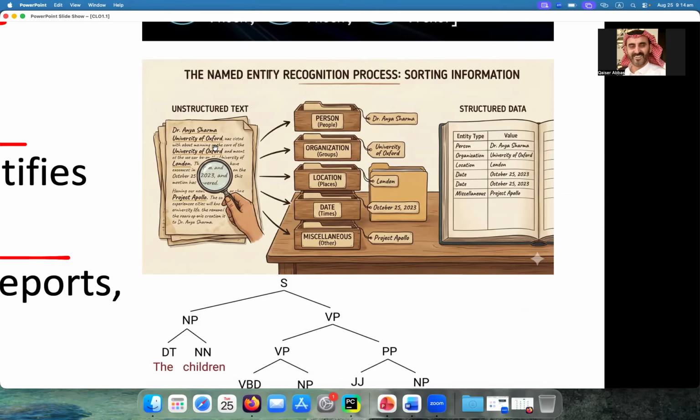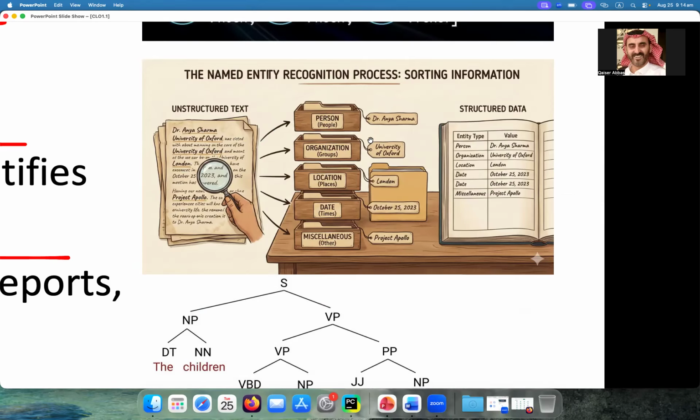So in this unstructured text, you have some person names, organization names, location names, dates, and other miscellaneous information. Each box that you are seeing here is a named entity, and now you want to extract these named entities from this text.